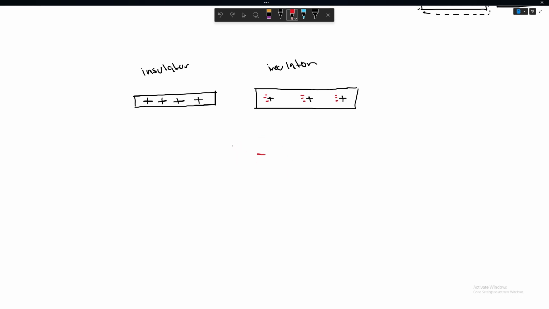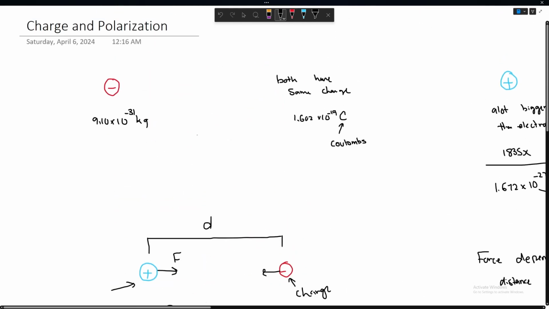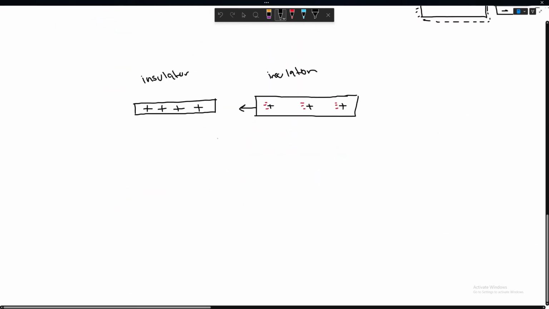That's possible. It's just they can't move within the insulator. Right? So the electron can't move from here to here. And so because all the electrons are pushing this way, there is going to be a force this way, even with an insulator. And this is called polarization.